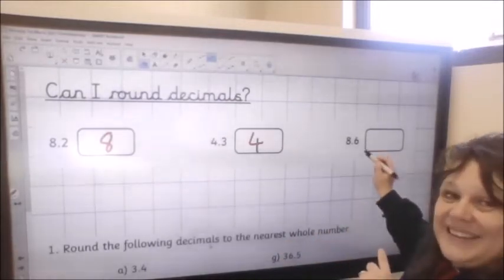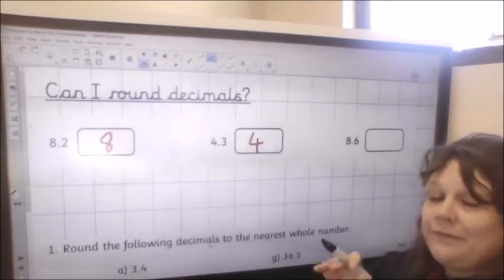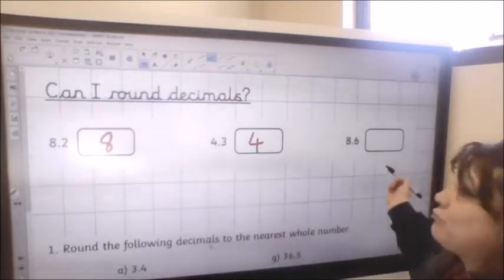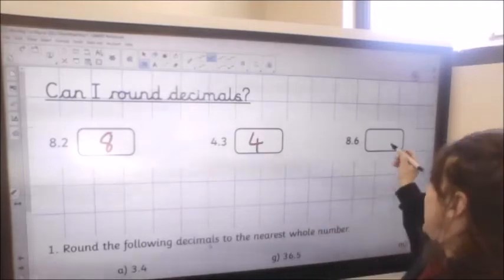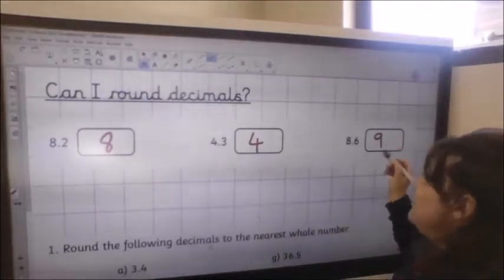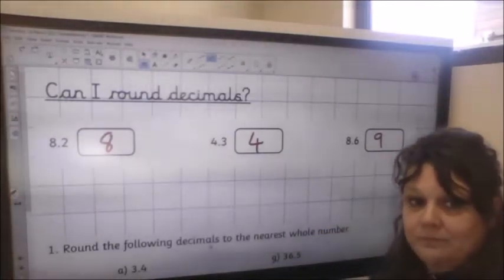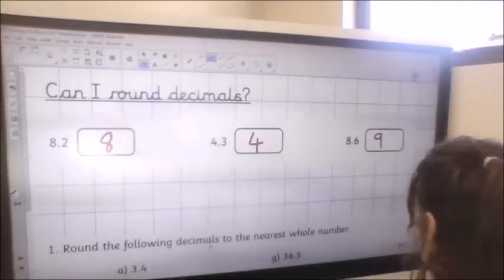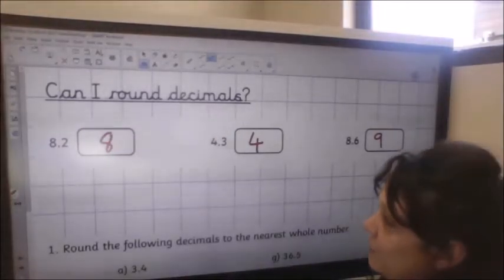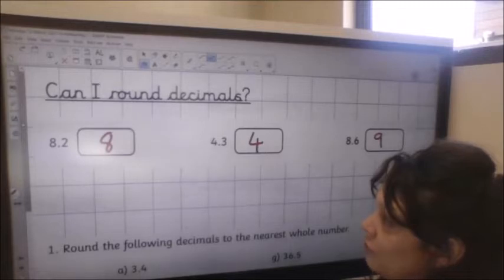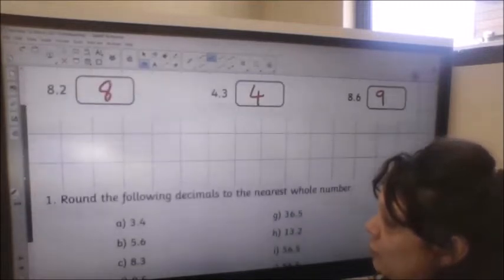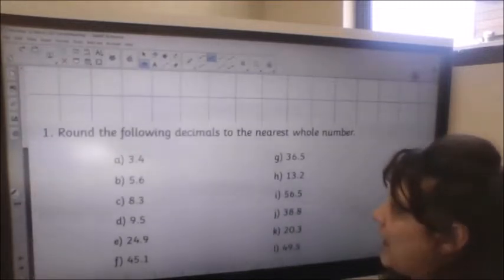And finally, we've got 8.6. Well, that 6 in the tenths column is bigger than 5, so it means I need to round the whole number up. So the 8 becomes 9. Okay, so you have got some questions that you are going to have a little go at.